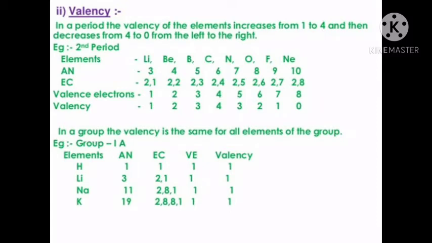Sodium atomic number 11, electronic configuration 2, 8, 1, valence electrons 1, valency 1. Potassium atomic number 19, electronic configuration 2, 8, 8, 1, valence electrons 1, valency 1.